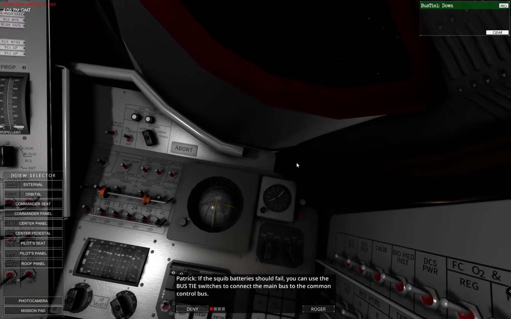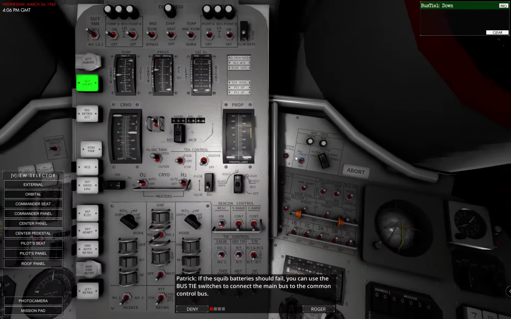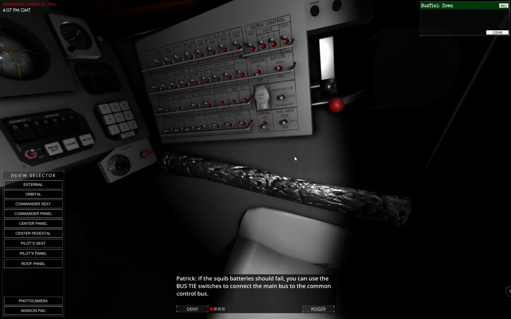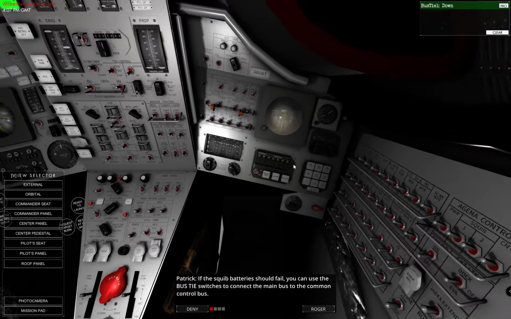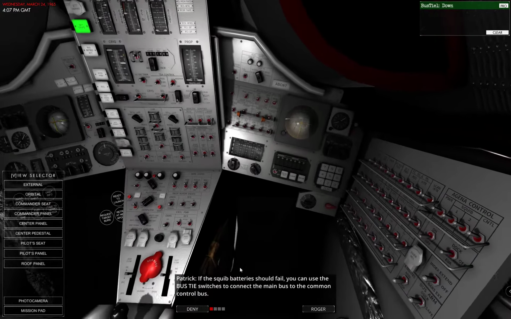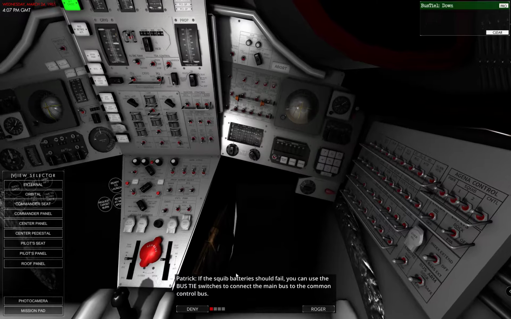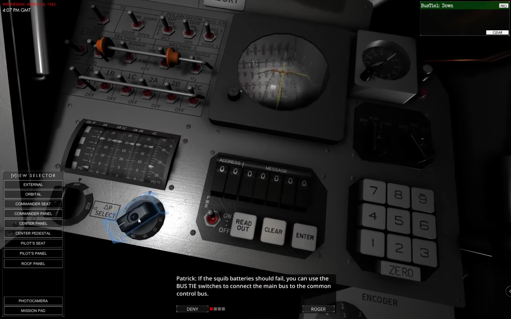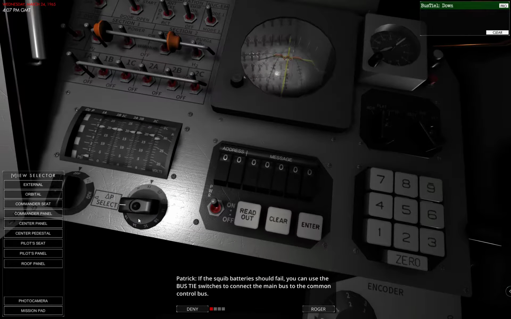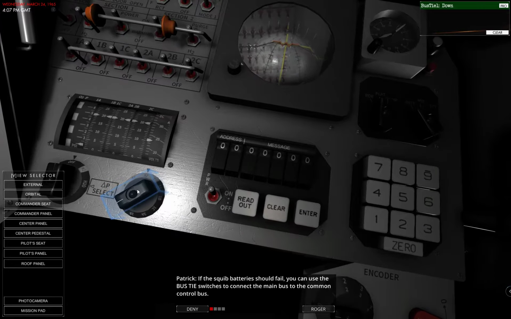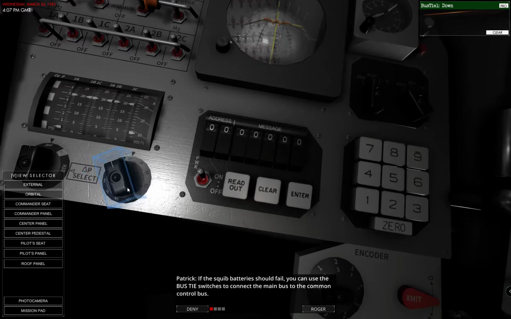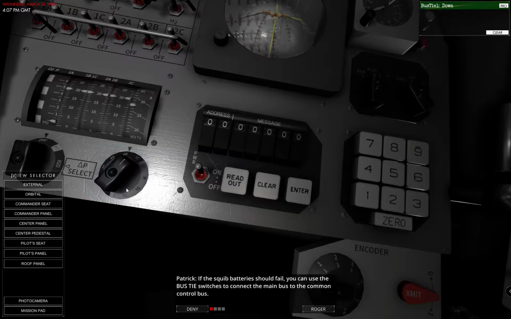Squib. Okay. I'm quite certain that these are the additional ones. One is 28 volts and 28 volts. Okay.